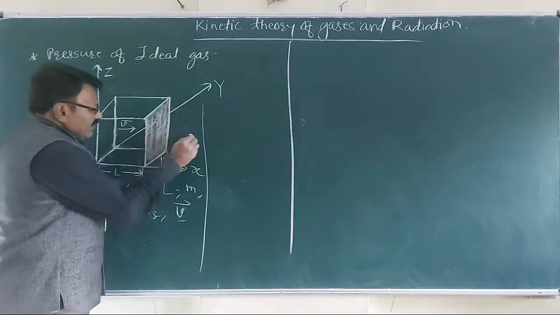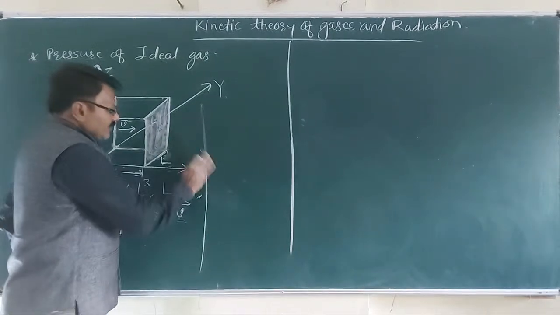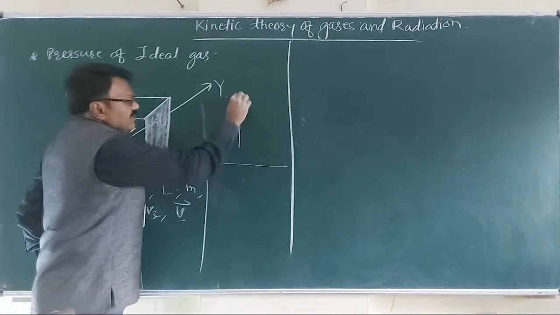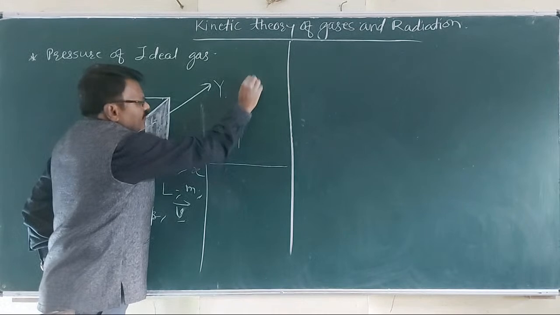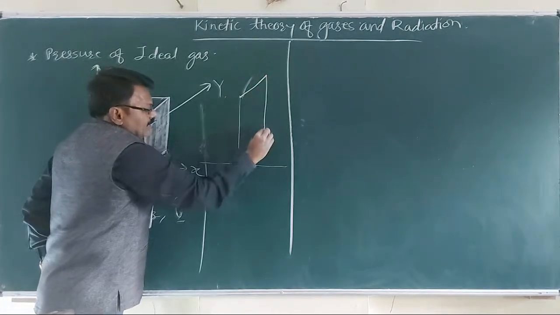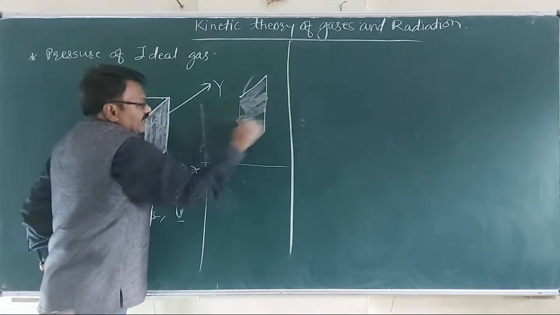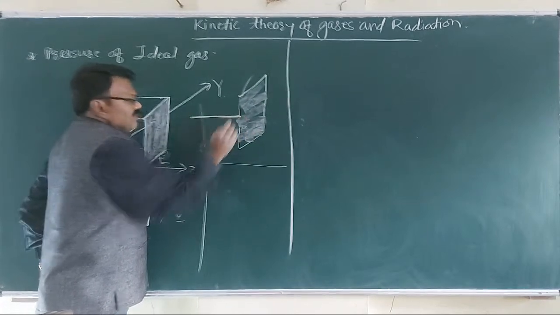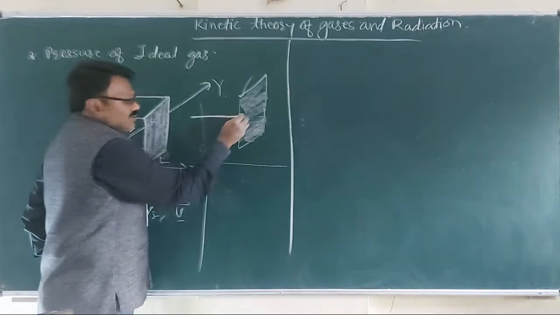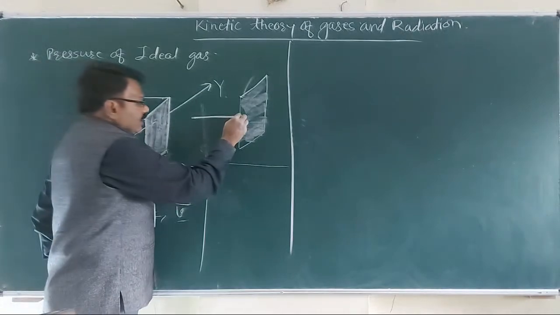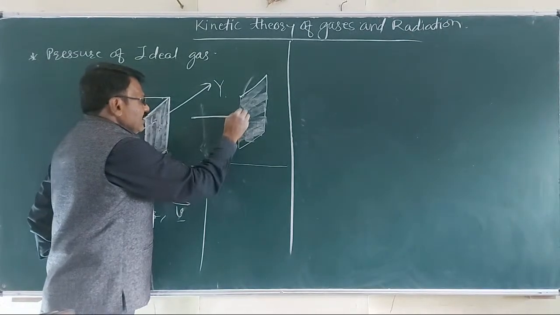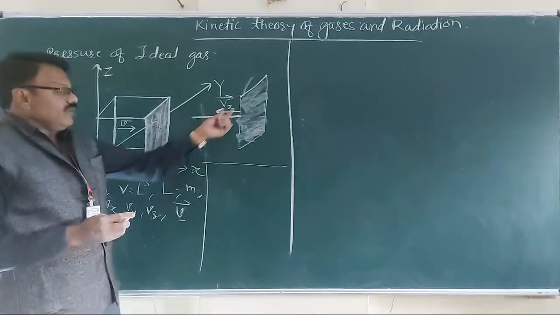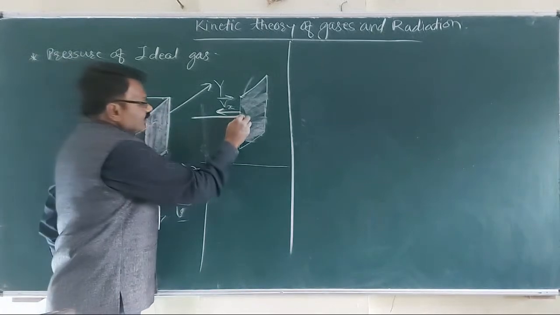Now this is the shaded face, the shaded surface. When the molecule collides with this face, at that time only the velocity along the x axis is reversed.